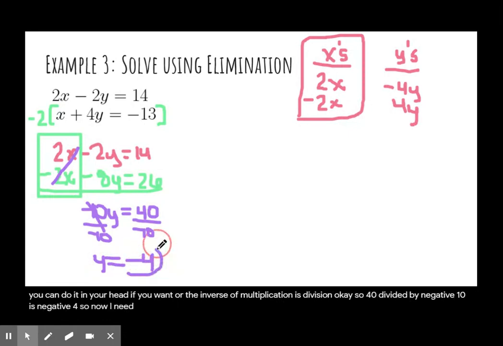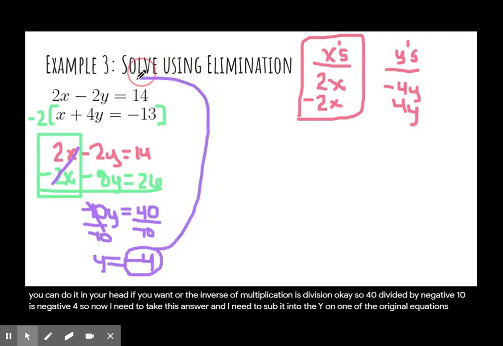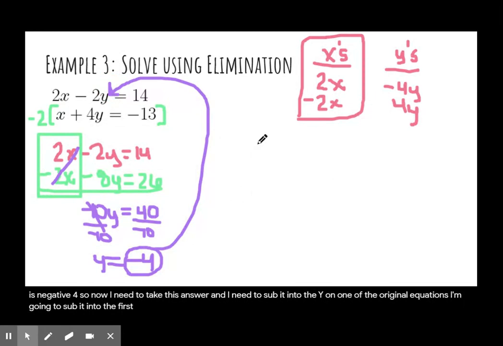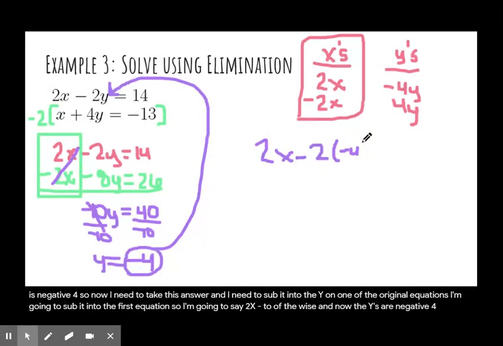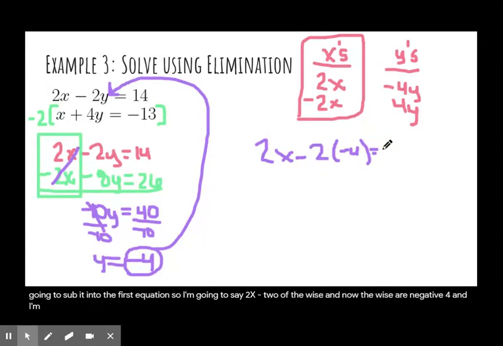So now I need to take this answer and sub it into the y on one of the original equations. I'm going to sub it into the first equation. So I'm going to say 2x minus 2 of the y's, and now the y's are negative 4. And I'm going to set that equal to 14.